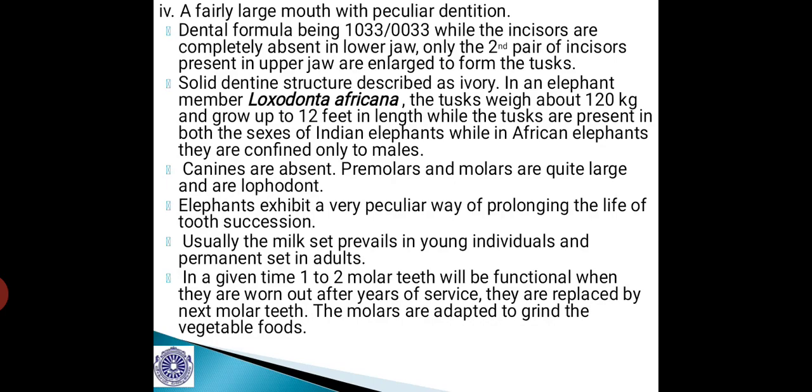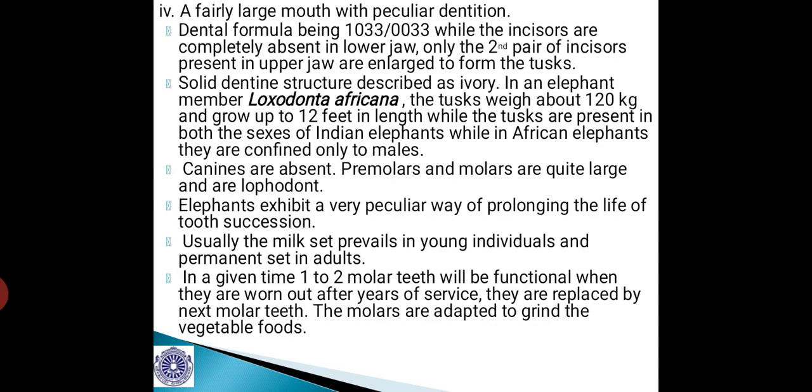And the solid dentine structure is described as ivory, and in an elephant member Loxodonta africana, the tusks weigh about 120 kgs and grow up to about 12 feet in length, while the tusks are present in both the sexes of the Indian elephants, while in African elephants they are confined only to males.